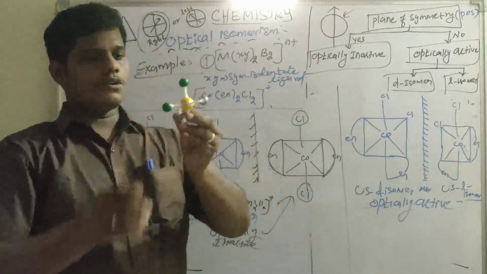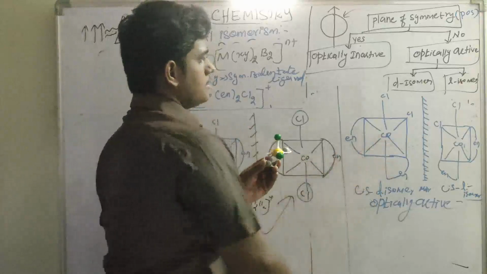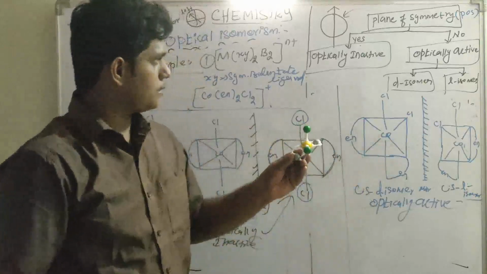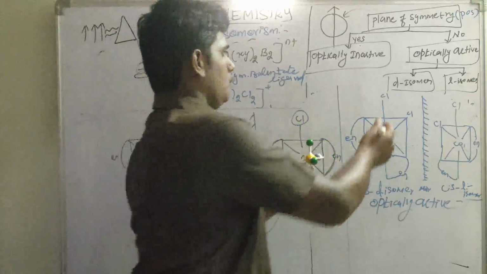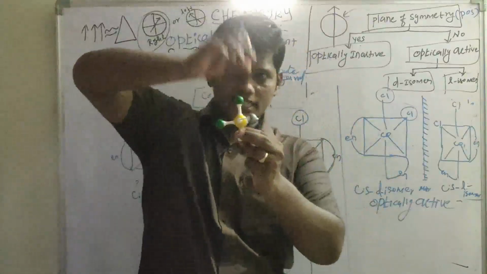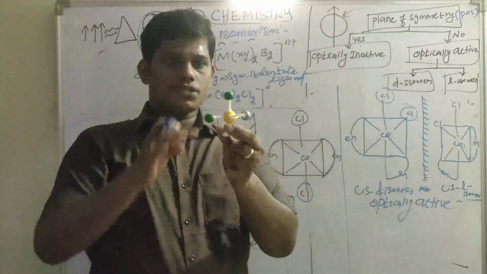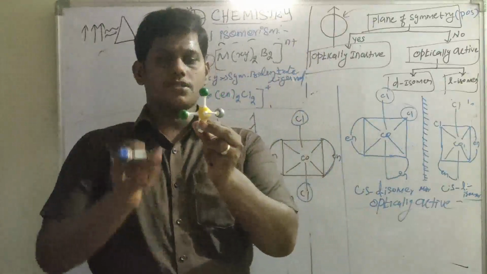You see the two chloride ligands: one chloride ligand is in an axial position and the other is in an equatorial position, a 1,2 position, so it is cis.